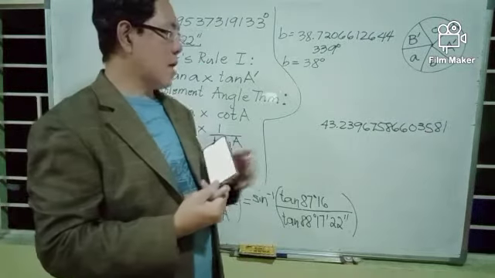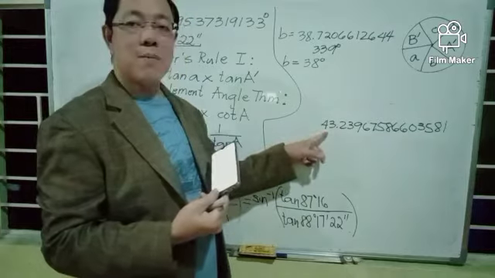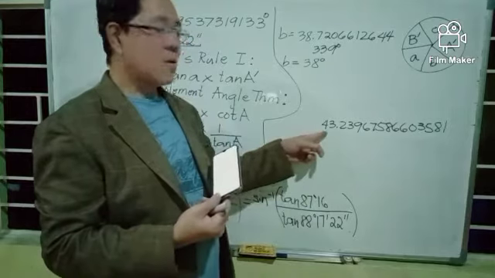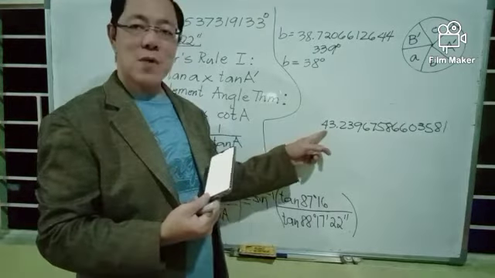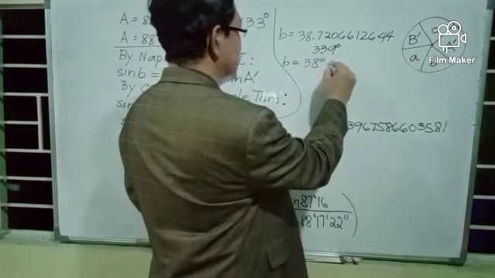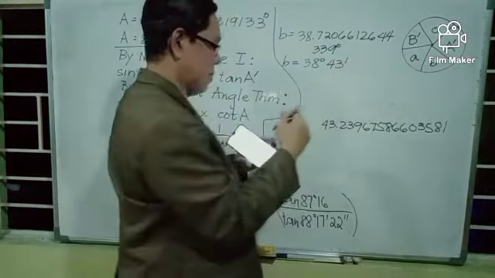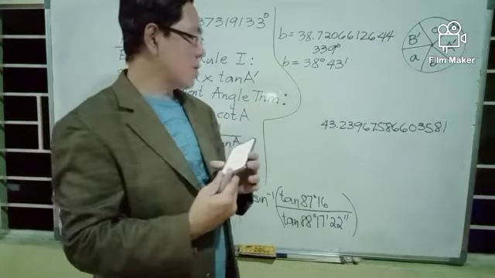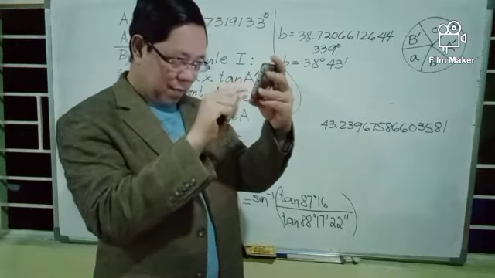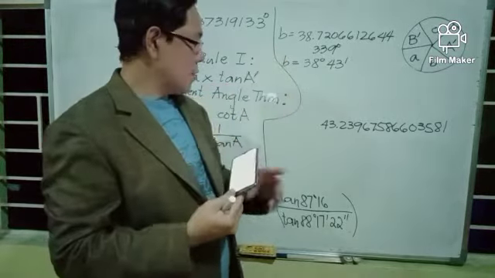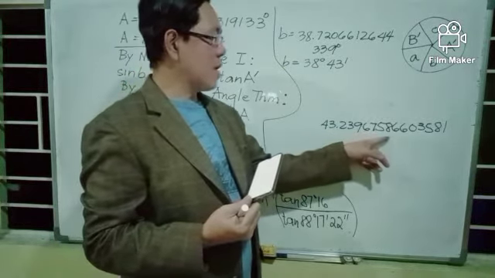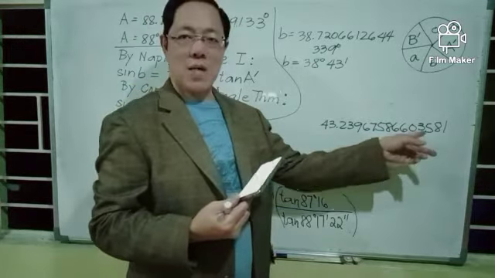Again, do not remove this answer from your calculator. Take the whole number part. This decimal number is in minutes. Take the whole number part of this decimal number, which is 43. And that's 43 minutes, written as 43 prime. In your calculator, you subtract 43 minus 43, and you should get the decimal number 0.239675866033581.